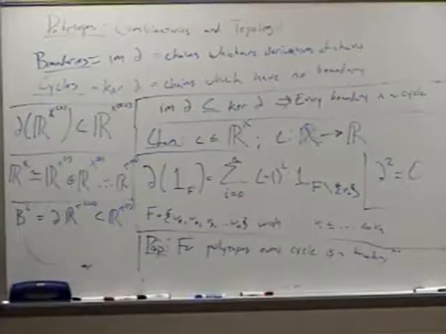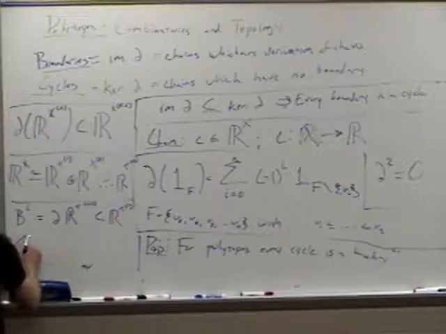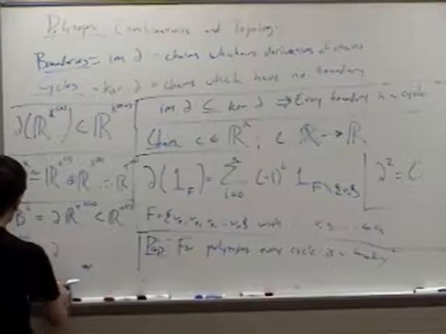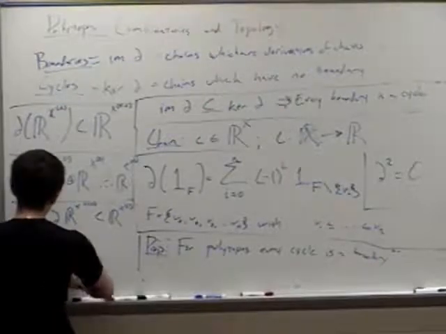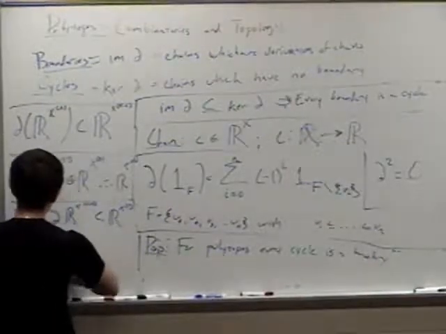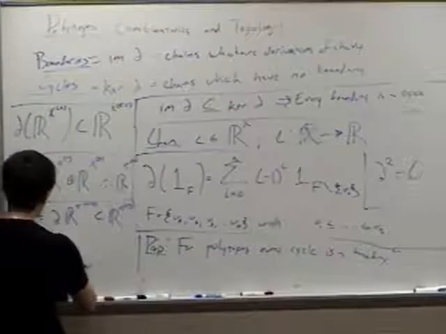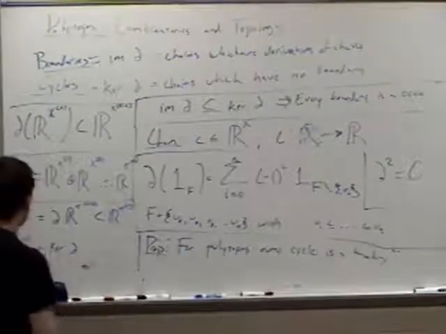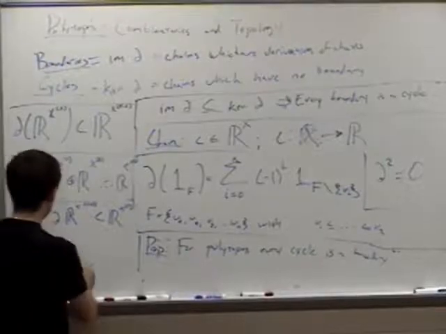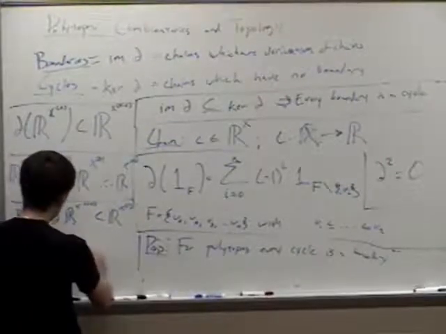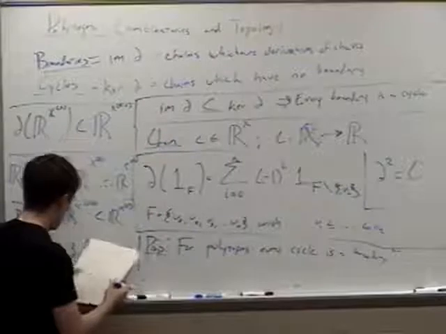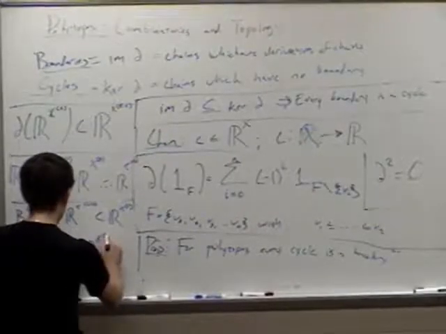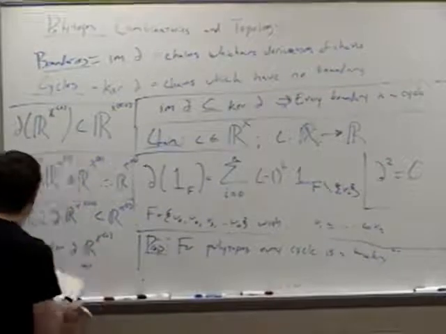Right? And similarly, I can define these cycles, C_i, which are going to be in the co-boundary. So they're going to basically be the kernel of this operator, delta, restricted to the subspace R^{X_i}. All right.